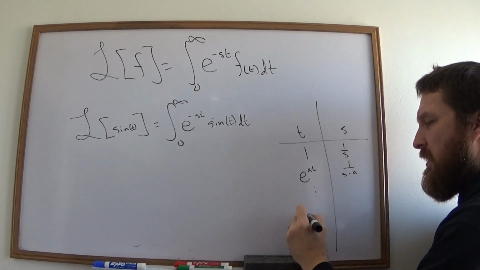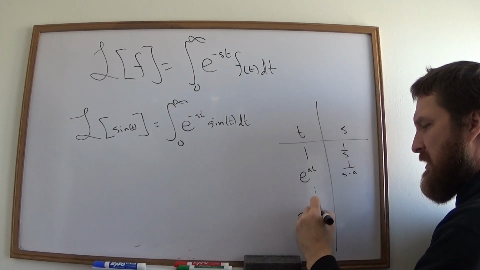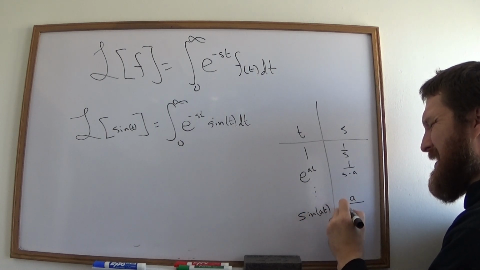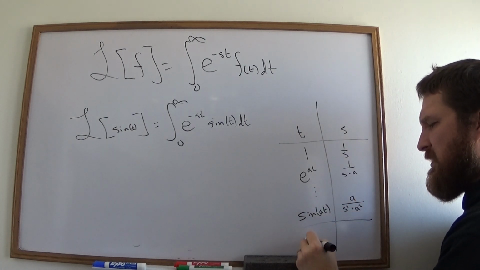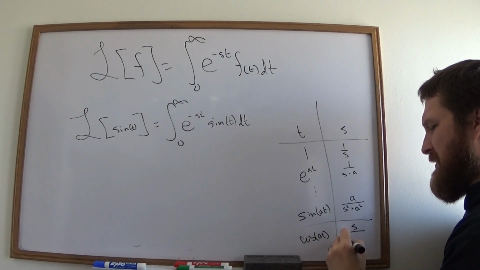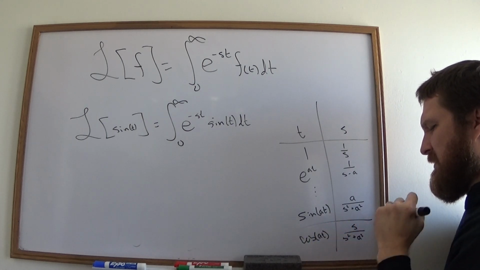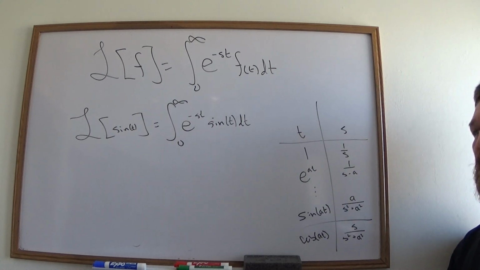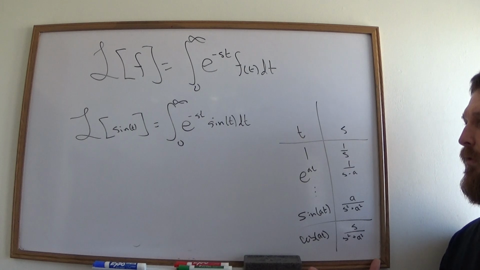And so on. And then sine at went over to, I think it was, a over s squared plus a squared. And then cosine at, s over s squared plus a squared. Something like that. And then you go, I remember, he said that you just use the table.